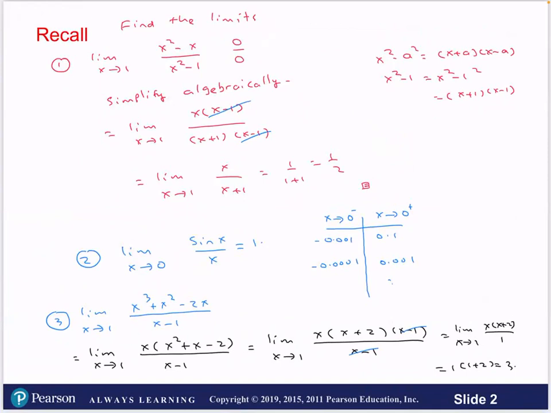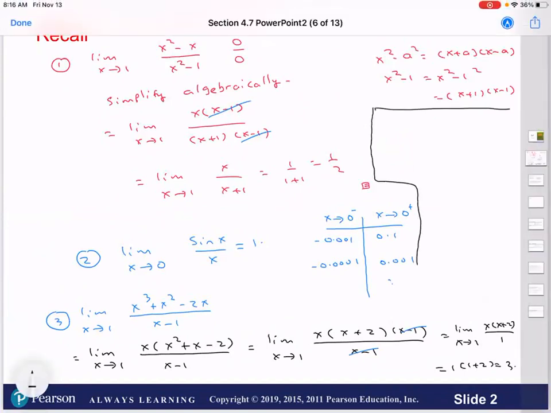Then let me use this small space here and write another problem. Limit x approaches 1 of natural log of x divided by x minus 1.